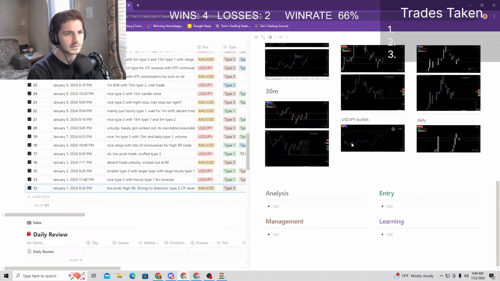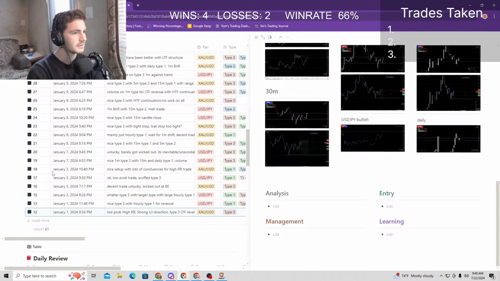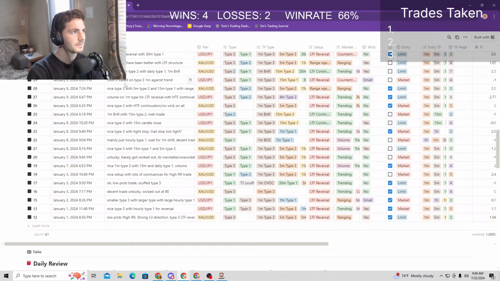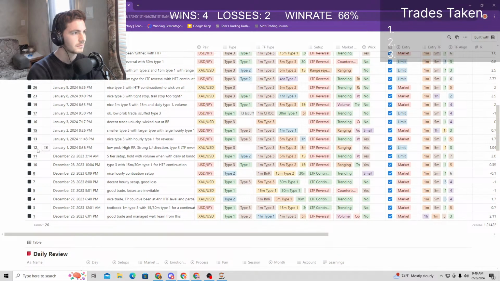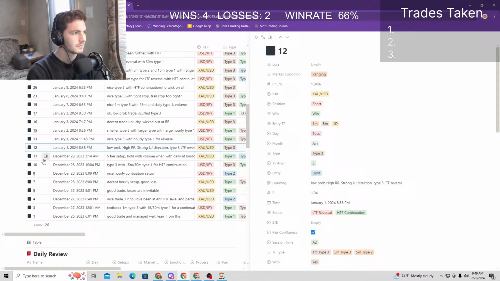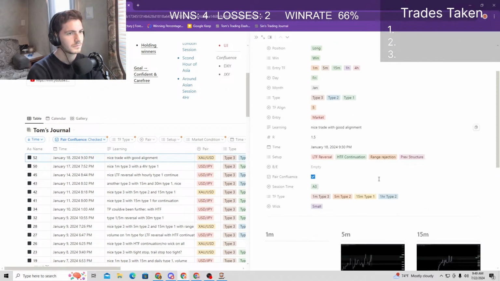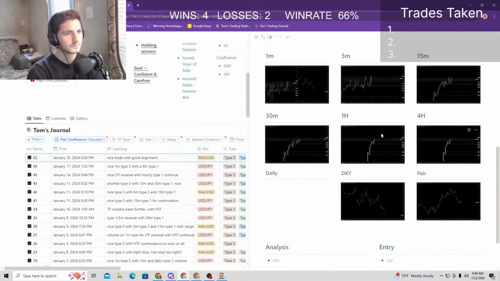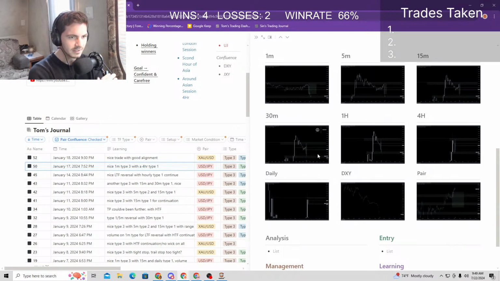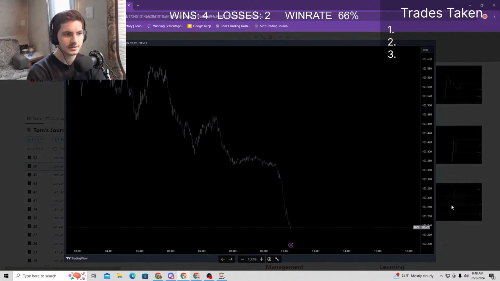USJ. No, this is gold. Why does he have USJ here? Yeah, I'm pretty sure DXY helps a lot, but it doesn't seem like a make or break for Tom's strategy.